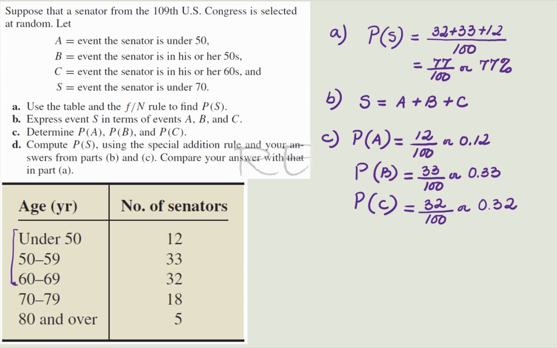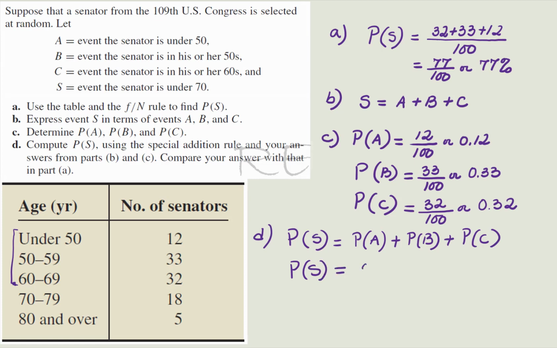Now for the last part, we need to use the special addition rule from parts B and C. P of S will be equal to P of A plus P of B plus P of C. Now P of S will be equal to P of A, which is 0.12, plus P of B, which is 0.33, plus P of C, which is 0.32.